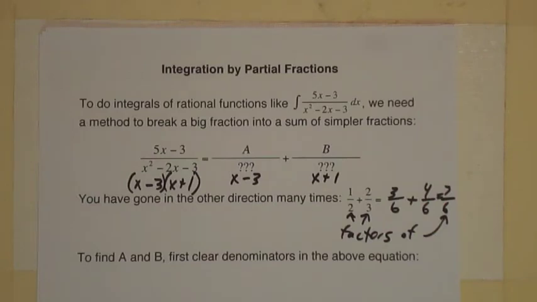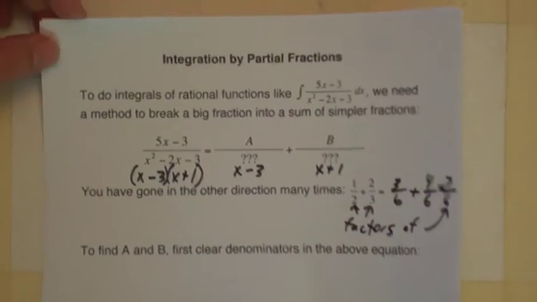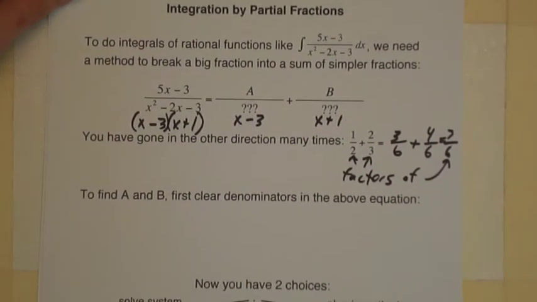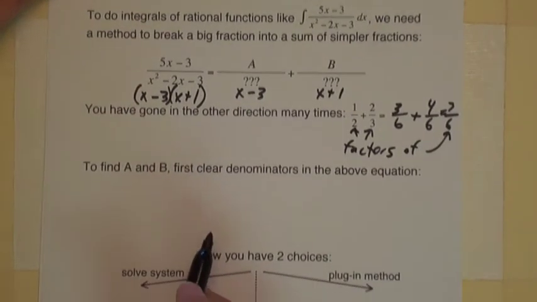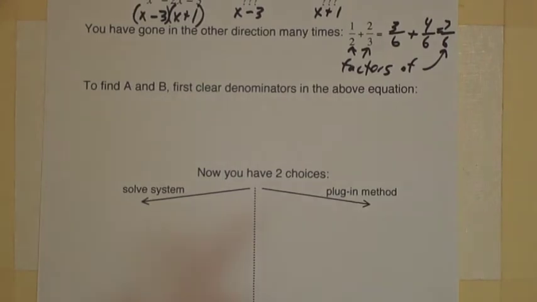The harder question is then, what exactly are the numbers a and b? And to do that, we have to do a little bit of work. So the first step is to clear the denominators out of the above equation.